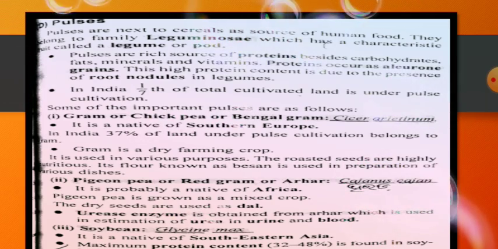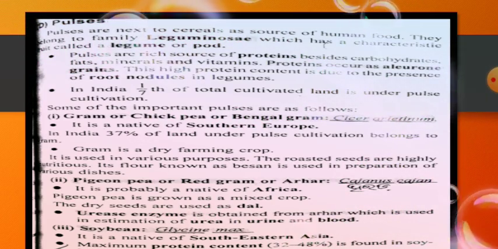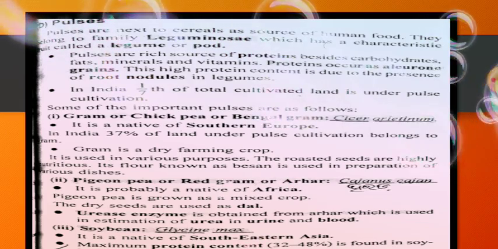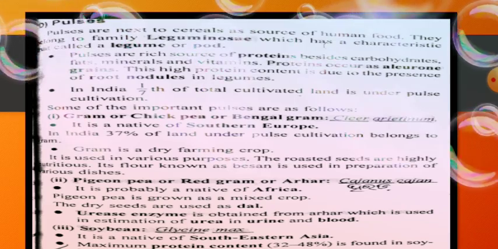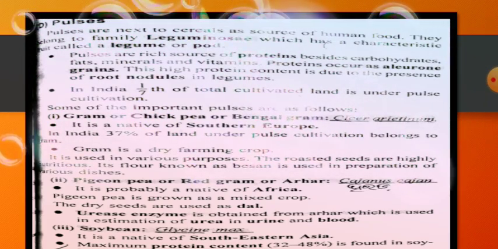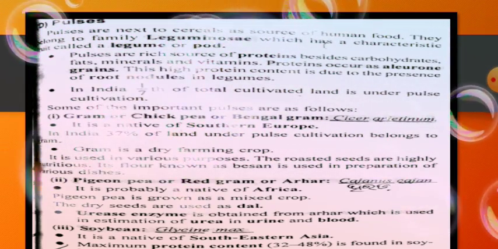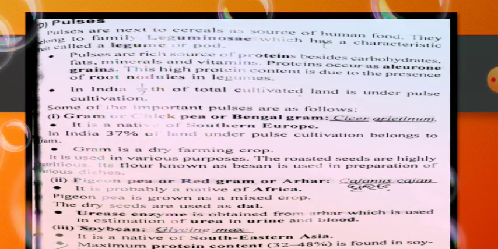This is mainly native to southern Europe, and in India 37% of the land under pulse cultivation belongs to this gram. It is mainly a dry farming crop.